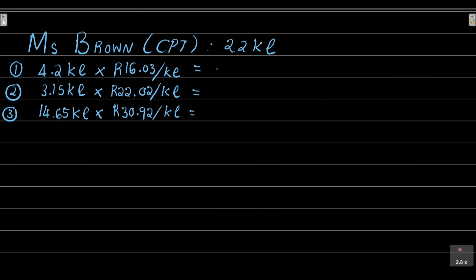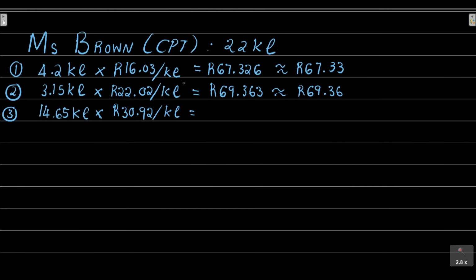The price for block 1 is 67 rand point 326 cents, which is approximately 67 rand 33 cents. In the second block, it's 69 rand point 363 cents, which is approximately 69 rand 36 cents.